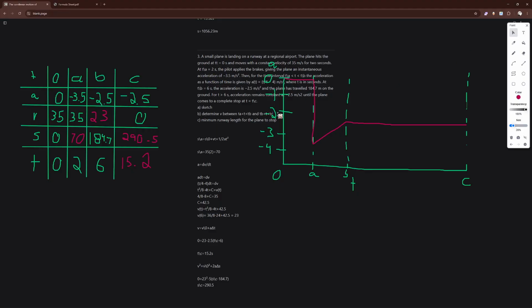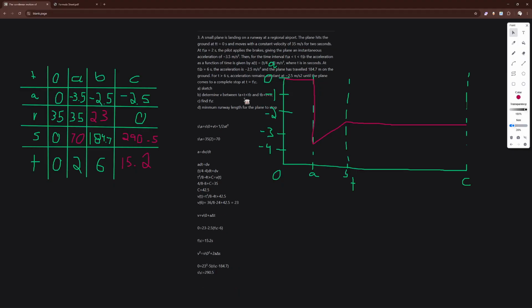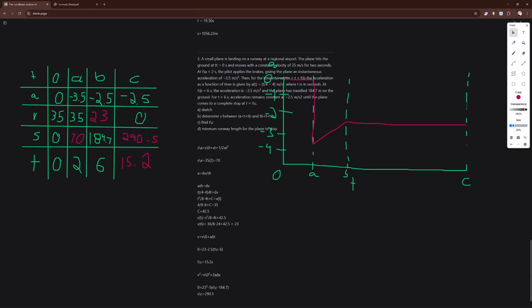I forgot a C here. This is supposed to be D. C was find tc, right? I forgot to write that there. We found tc. We found the velocities that we needed to find.